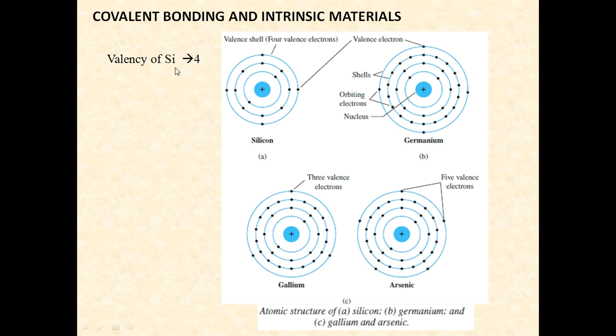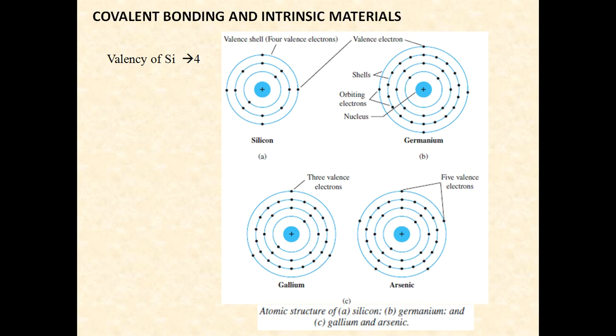If you just go through the atomic number of silicon, it is 14. And if you split it in the form of K, L, M, N, it's 2 electrons in the innermost shell, 8 electrons in the next shell, and finally 4 electrons in the final shell.